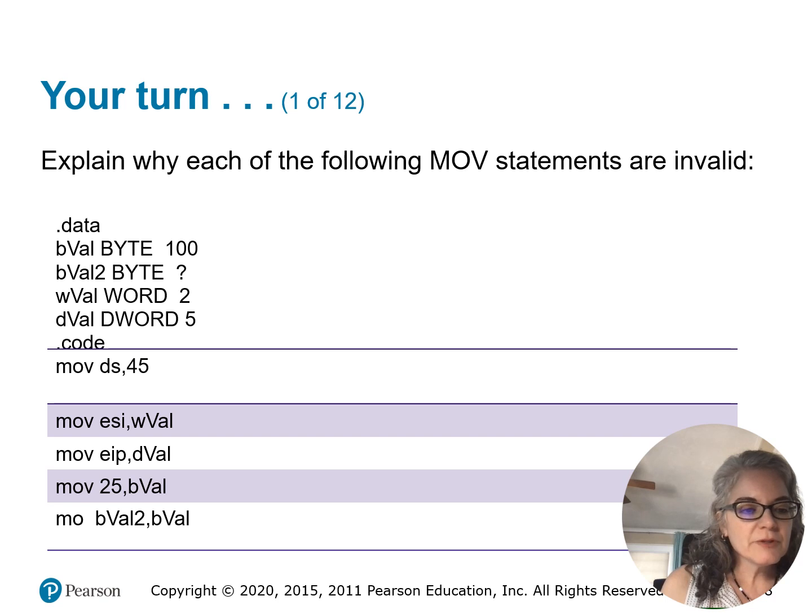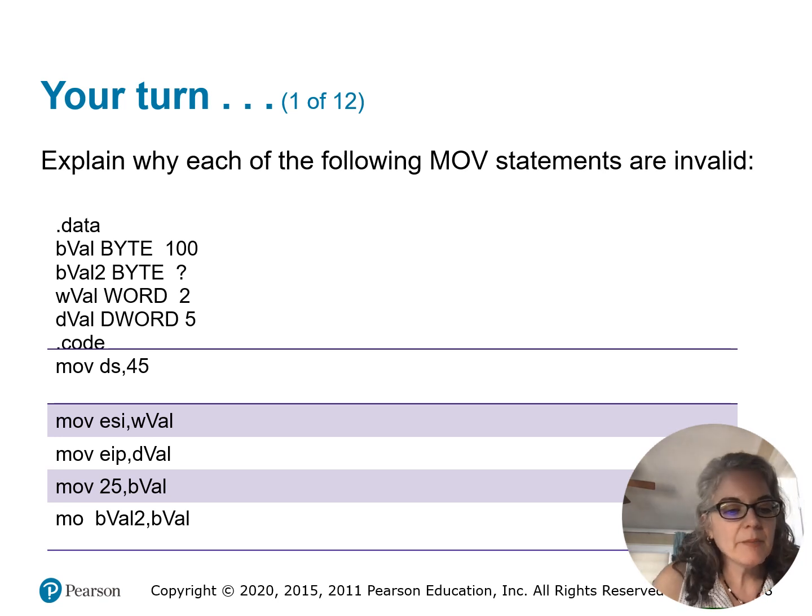So looking at this first one, the reason this one's invalid, here we have an immediate value of 45 put into a register that we cannot write to. This is the segment register, and remember the segment register points to the segment of data that's used by the running program. So we don't want to mess with that pointer, and that's why that one's invalid.